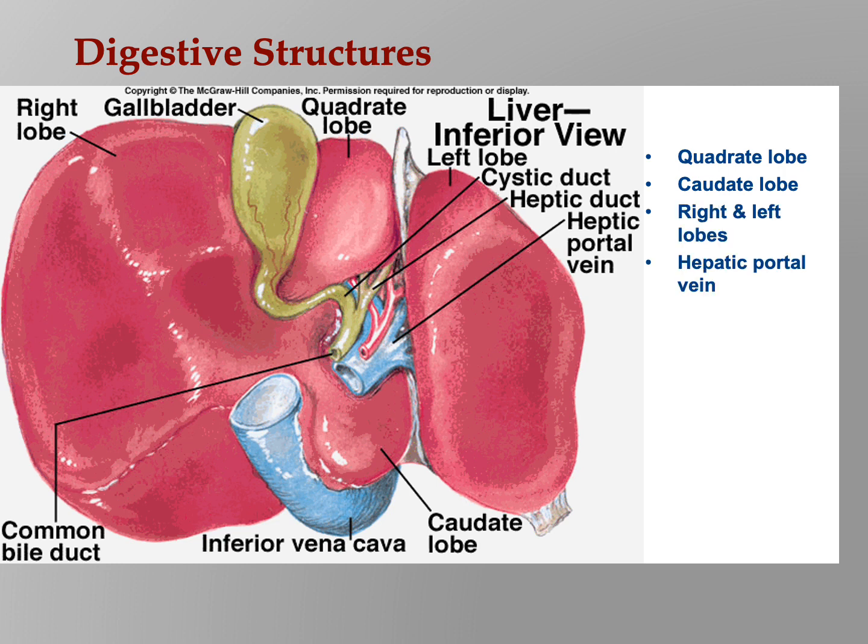Right and left lobes of the liver again. Now, your old buddy, the hepatic portal vein. Once again, what is going on with this? Well, when you eat food, you digest it in your small intestine, and you absorb it into the blood. So the venous blood leaving the small intestines is full of nutrients, full of fats and amino acids and sugars. And who is the plasma protein factory of the body?